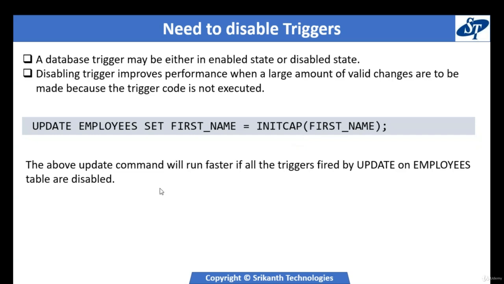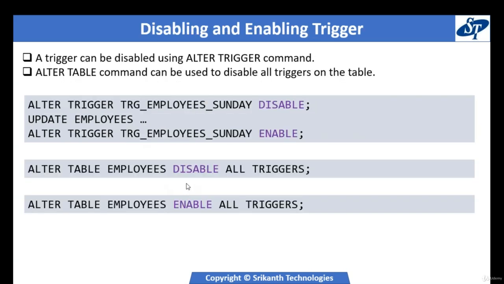In such a case, you just need to use the disable option, either with alter trigger, where you give explicitly a particular trigger name, or you can disable all the triggers related to a table. When you say alter table employees disable all triggers, all triggers are disabled. Anytime later, you can re-enable all the triggers.